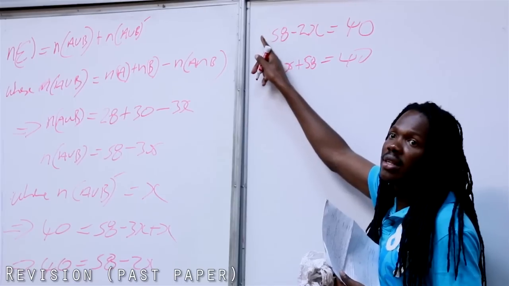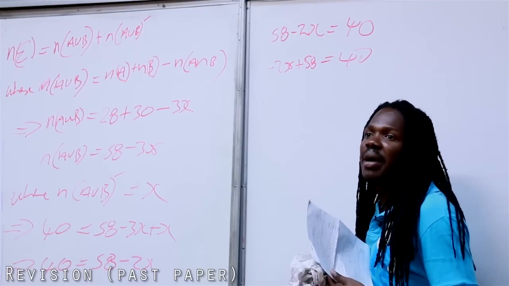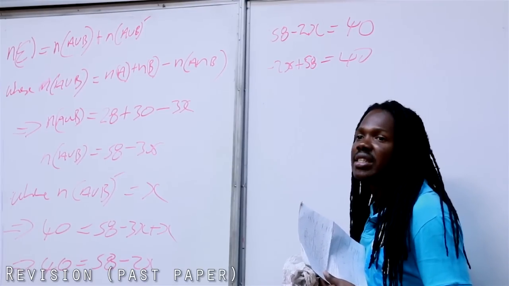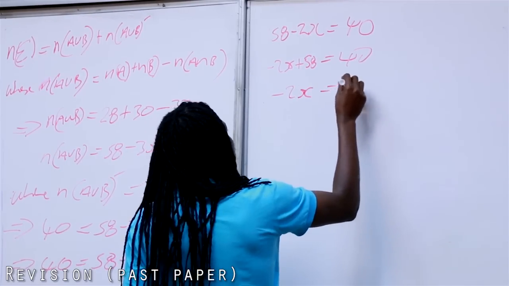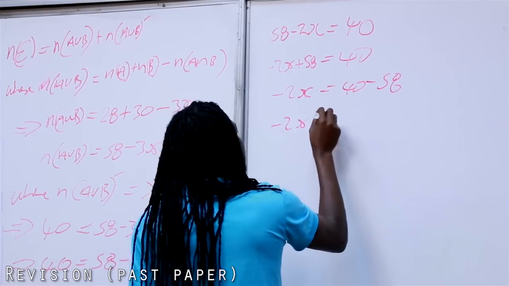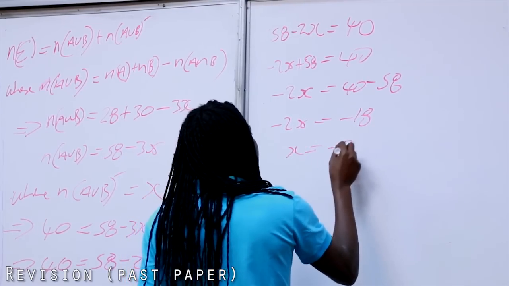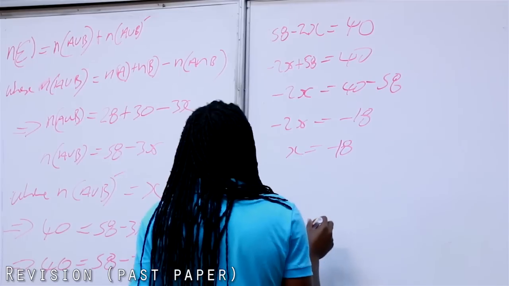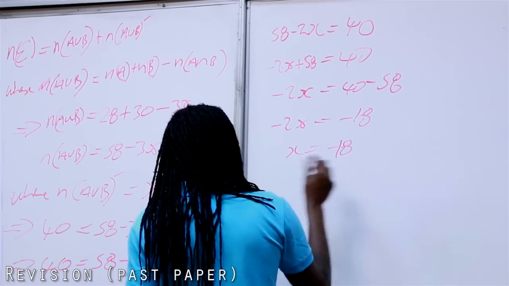If you change it over, it changes sides. So that means minus 2x equals 40 minus 58. Minus 2x equals minus 18. X equals minus 18 over minus 2.